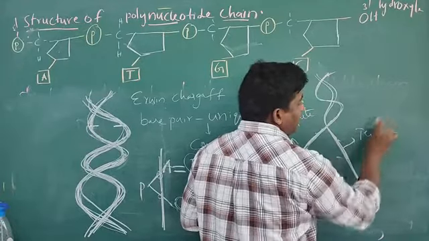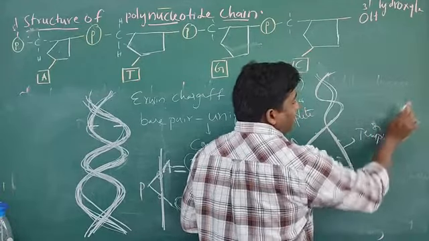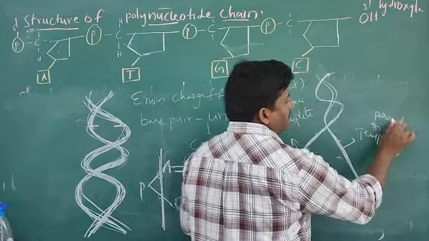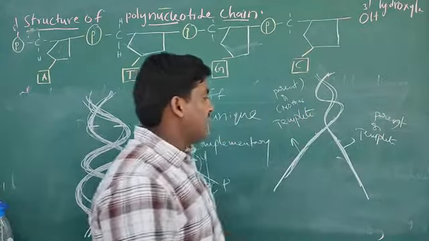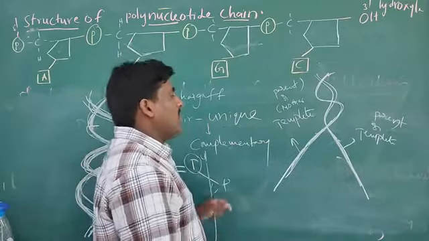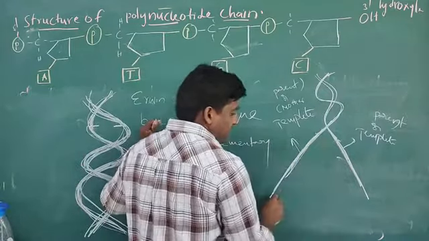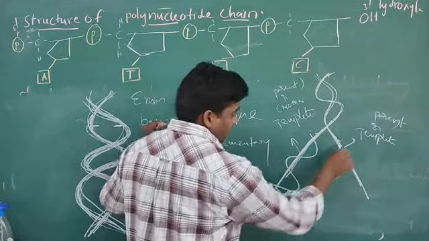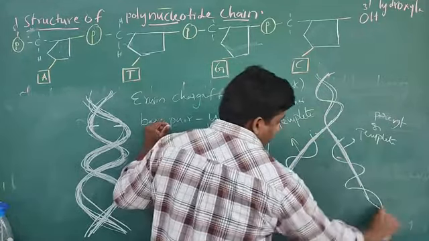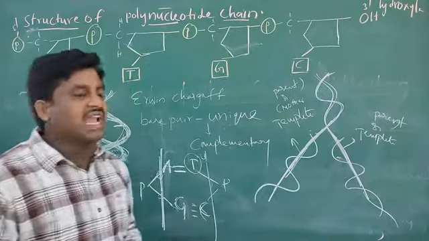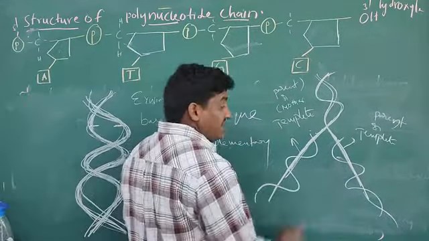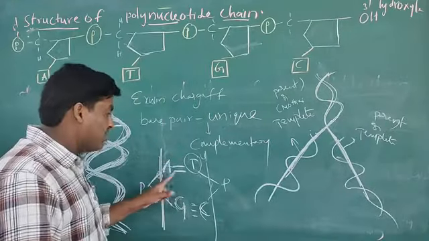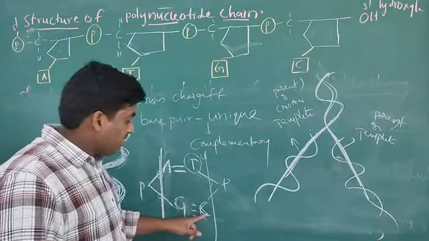Template means mother strand or parent strand. After that, what will happen to this template? It can form a daughter strand. Based on complementarity, adenine is bonded with thymine and guanine is bonded with cytosine.